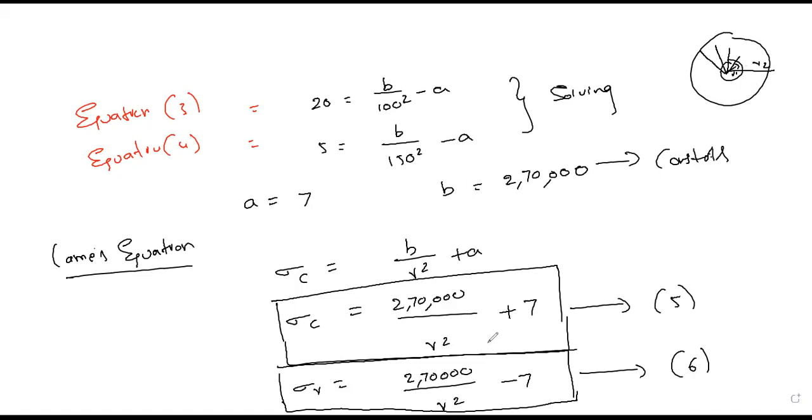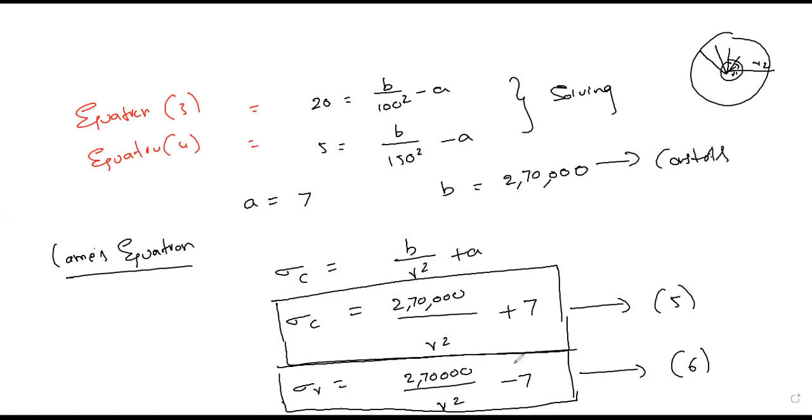Right? So with these two equations you can calculate the stresses, I mean the circumferential stress and radial stress, wherever you require. Not only at 100 mm, not only at 150 mm, you can calculate the radial stress at any required point. If they ask at 125 mm, substitute your R at 125 mm. By that you can calculate the circumferential stress and also the radial stress.